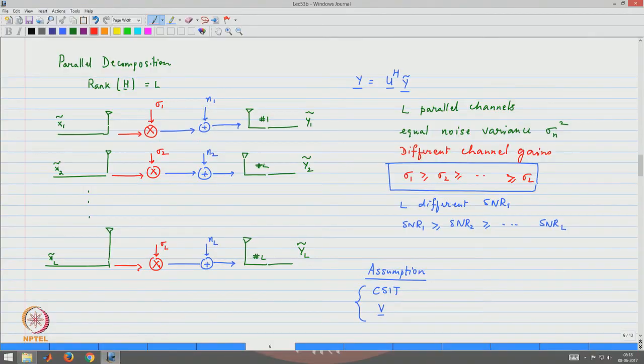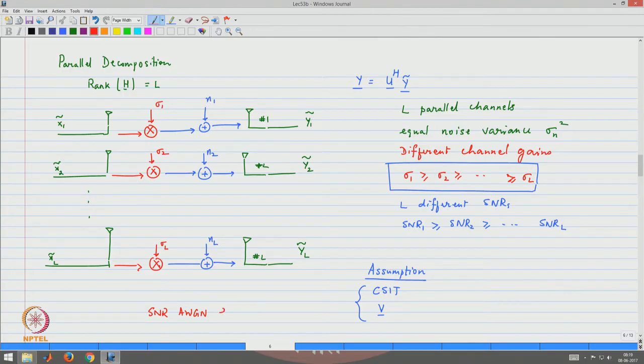In the context of the parallel decomposition, if you for a moment omit the channel gain sigma 1 and think of it as just an AWGN channel, the SNR would depend on the signal power that is transmitted over the noise power, the SNR of the AWGN channel, basically without the sigmas in place.